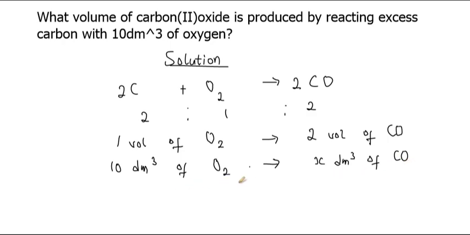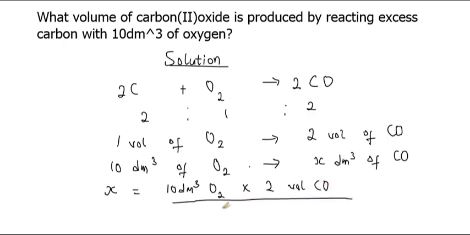So from here we can cross multiply, then we have x equal to 10 dm³ of oxygen gas multiplied by 2 volumes of carbon(II) oxide divided by 1 volume of oxygen gas.